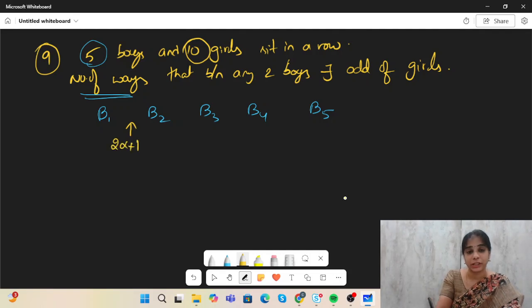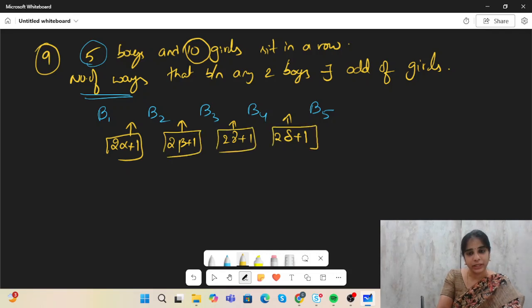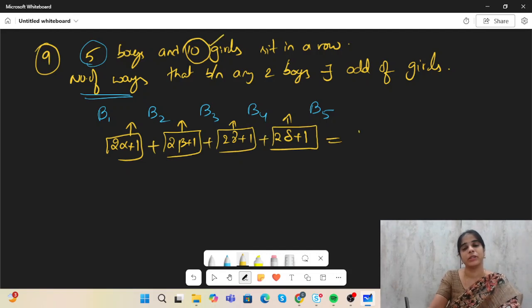An odd number between boys: again, 2 alpha plus 1. Odd number of girls between the next boys: 2 beta plus 1. Here 2 gamma plus 1 and here 2 delta plus 1. So is this the count of girls that I am talking about? When I add all these counts of girls, I will get 10 because I have 10 girls.